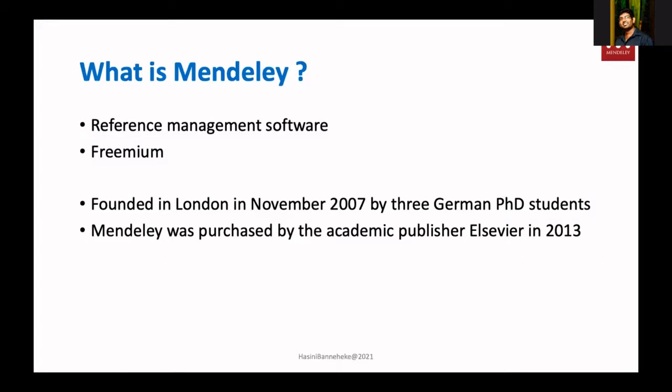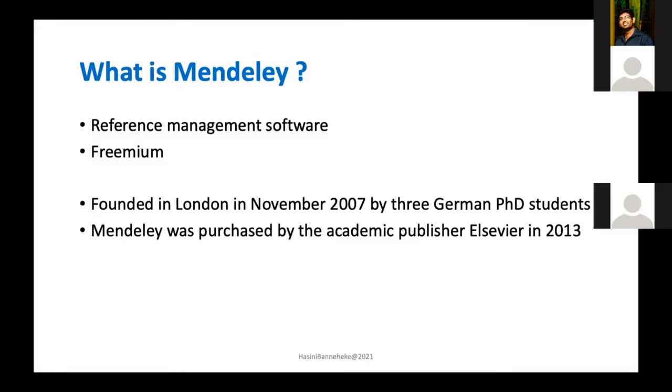So it is useful to know and useful to use. As you could see in the slide, it was founded by PhD students in 2007. In the earlier days, when we were doing our studies in our generation and had to prepare the reference list, we had to do it manually, just like a typewriter method, where we typed every comma and every semicolon, and everything which should be italicized had to be done using manual options.